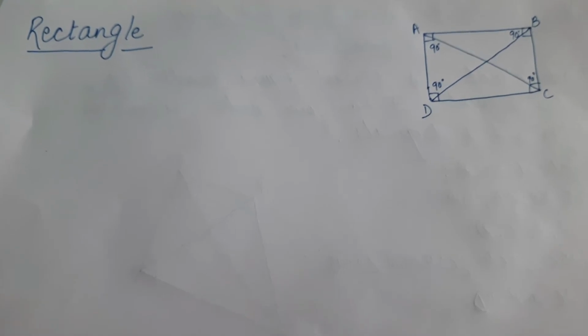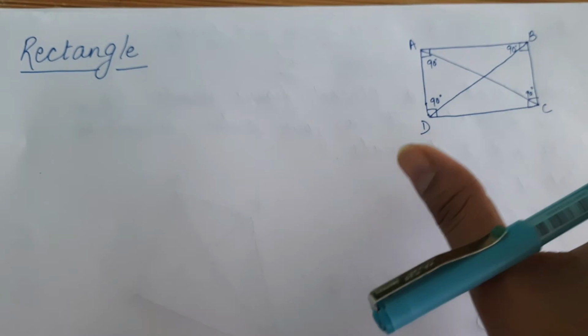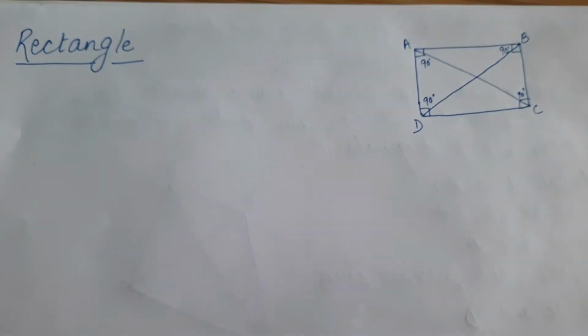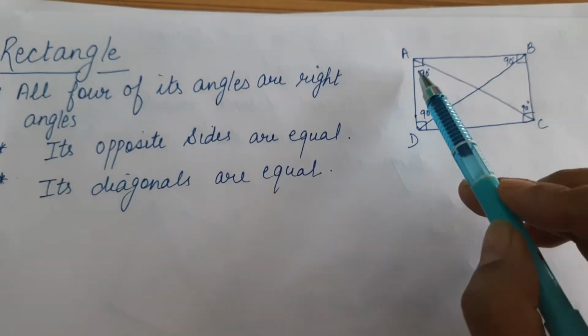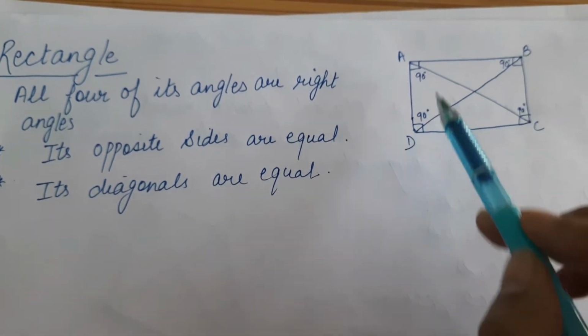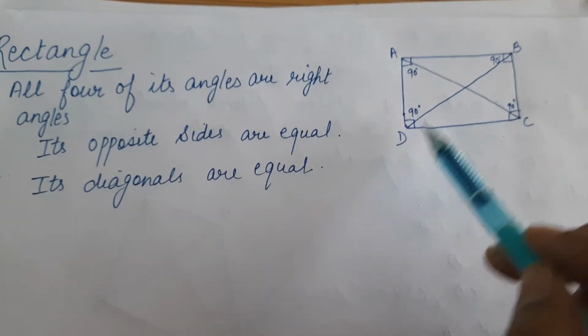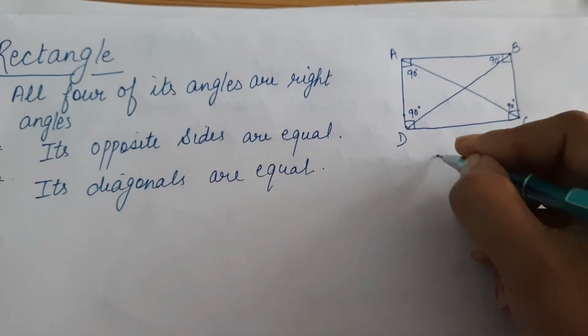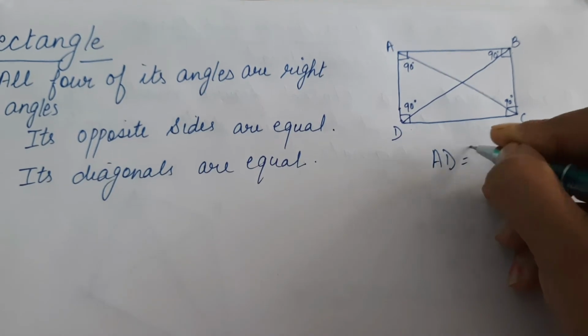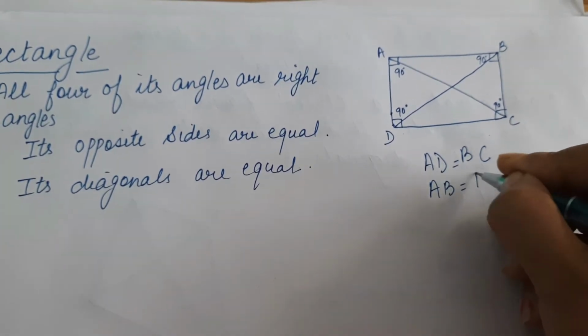Next comes rectangle. A rectangle is a special quadrilateral. What is a rectangle? In a rectangle, all the 4 angles are of measure 90 degrees. All the 4 angles are right angles and the opposite sides are equal. That means AD is equal to BC and AB is equal to DC.